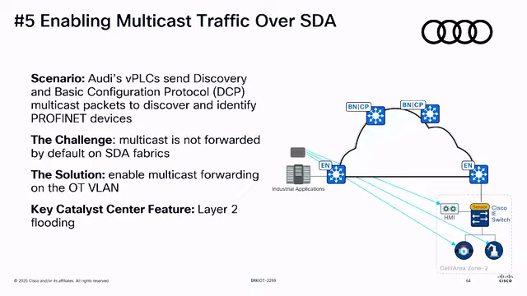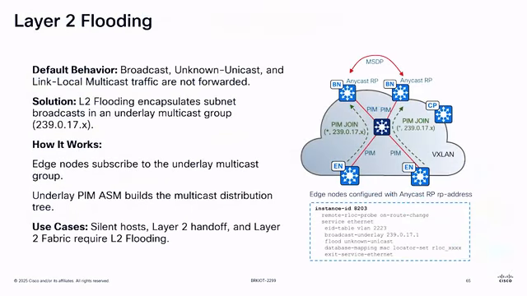This is, in the case of Profinet, done with the Profinet DCP, Discovery Protocol, that we heard about before. And as we are moving our PLC behind an SDA fabric, we have to run this layer 2 multicast over it. And the question is, how can we do this? It's a pretty obvious one, but still. For this, we need to enable layer 2 flooding into a fabric.